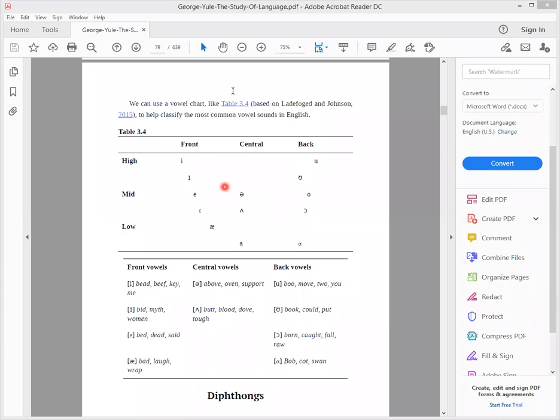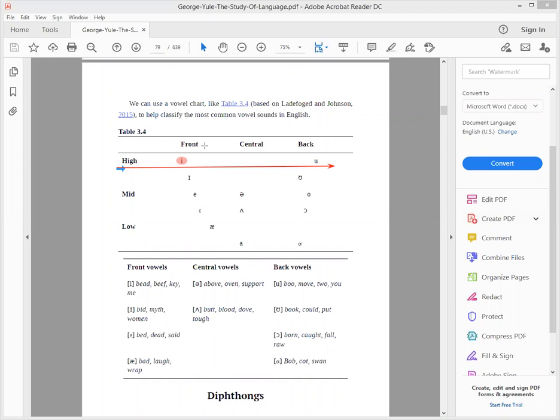When we talk about these lines, this red one is when we talk with our front, but our tongue will be high, as in E. When we pronounce E, our tongue will be close to our palate, but that will be produced from our front.